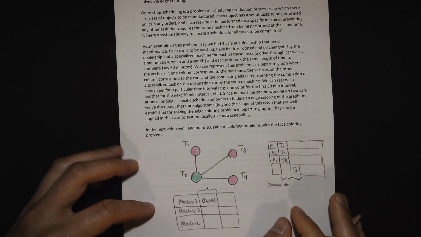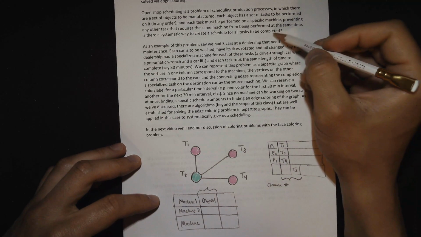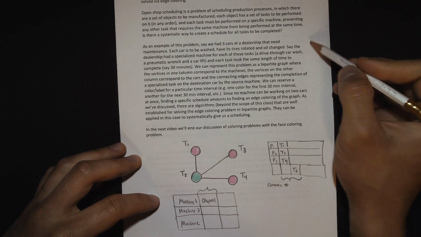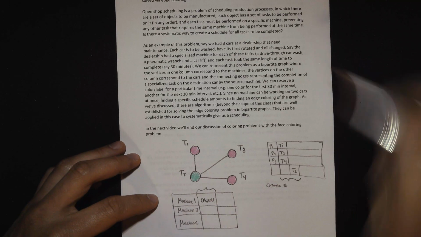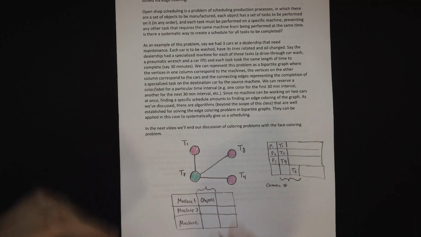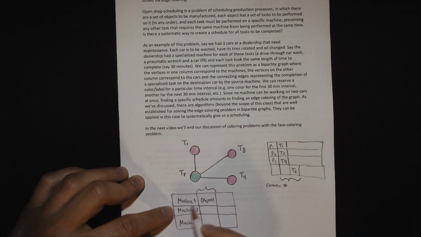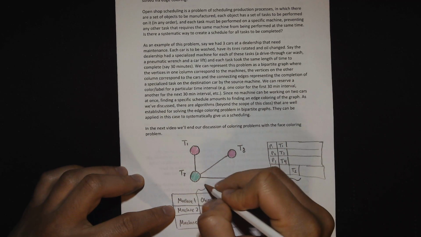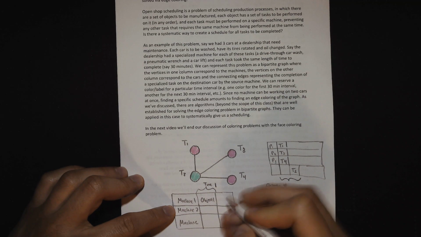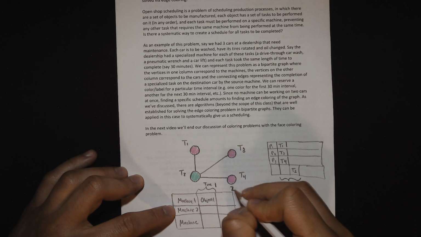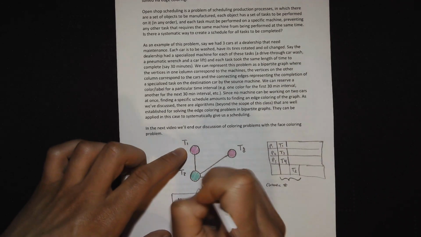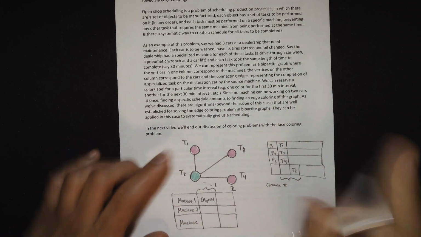I think an assumption here that I didn't mention in the general statement of the problem, but did mention in the specific example, is that the amount of time it takes each machine to complete its task on an object is the same, right? So this is time interval 1, time interval 2, and so on and so forth.